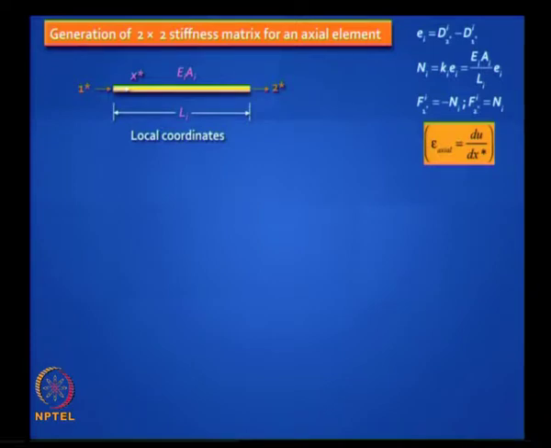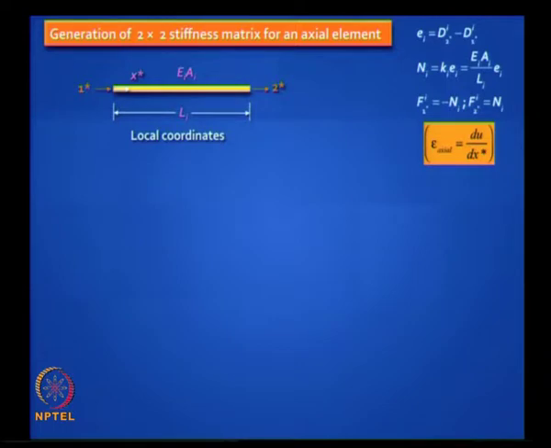The elongation. If the elongation is known and it's elastic behavior, then the axial force is related to that elongation, and that is simply the axial stiffness EA by L times the elongation, and this must be equal to the end forces. And so do you see those relationships? They are well known.